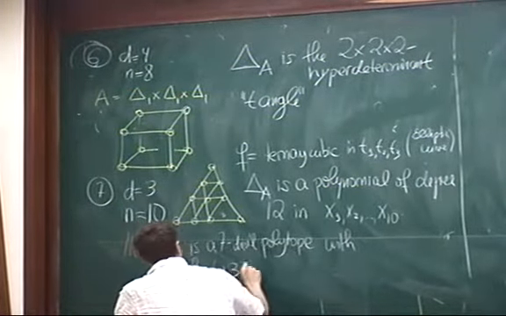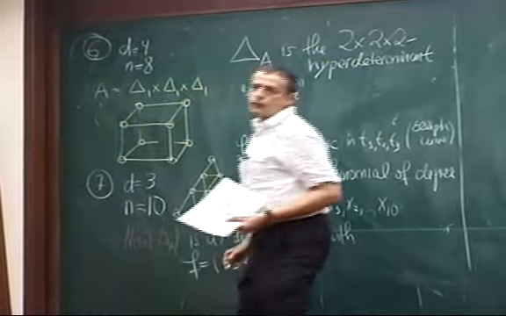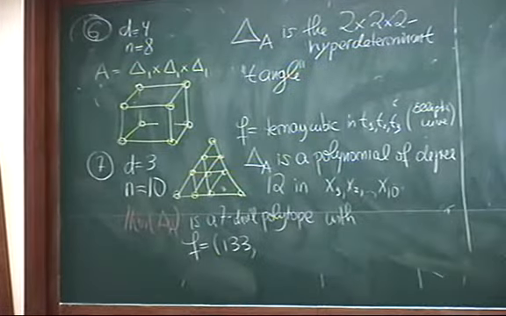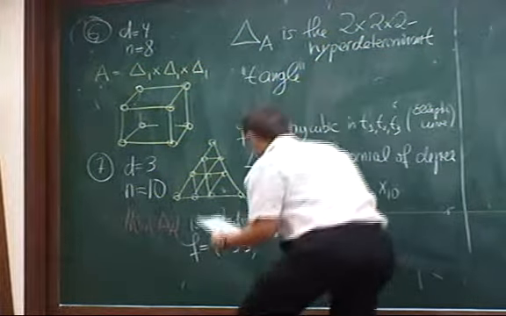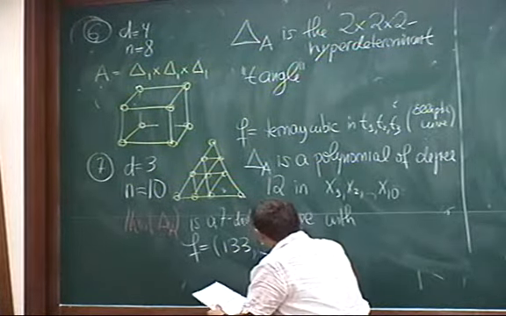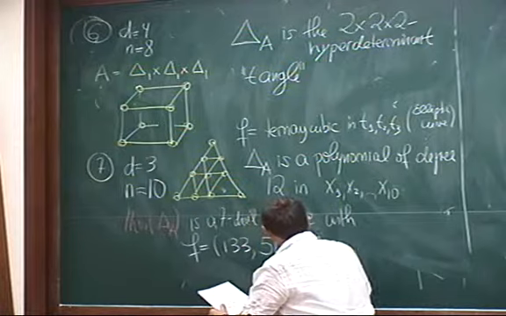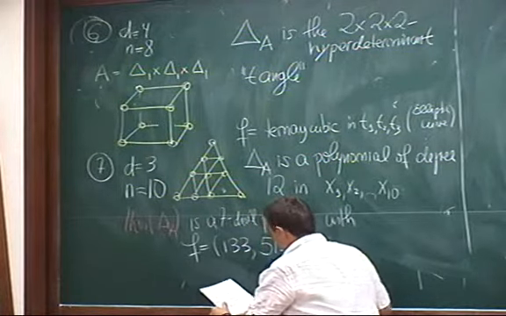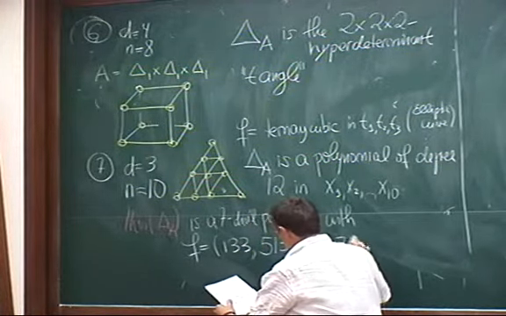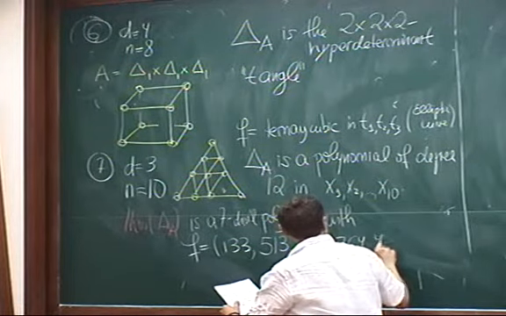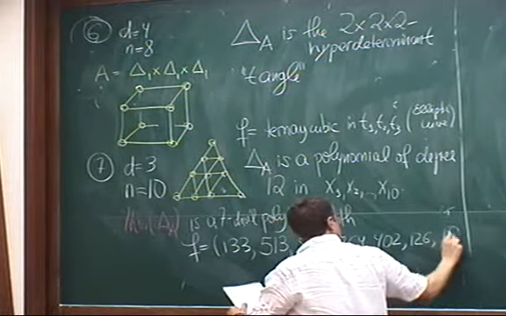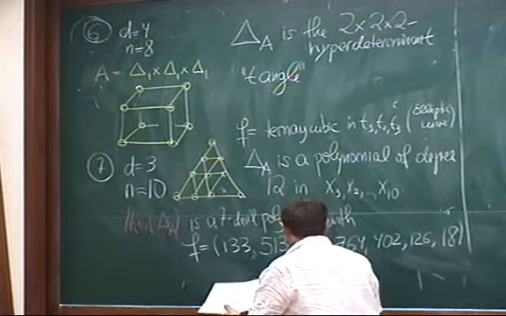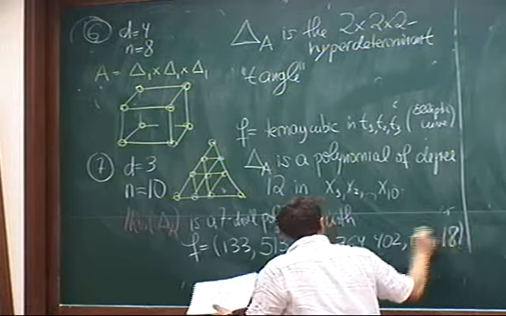Out of the 3,000 terms, 133 are vertices. It has 513 edges, and so on: 846 two-dimensional faces, 764, 402, 126, and the last one is 18. So this is kind of interesting.